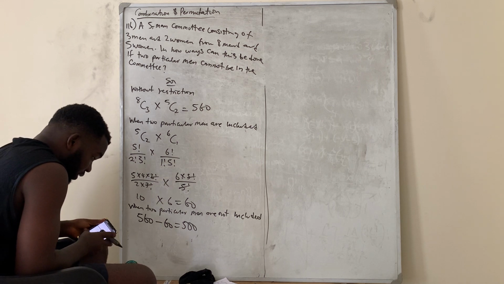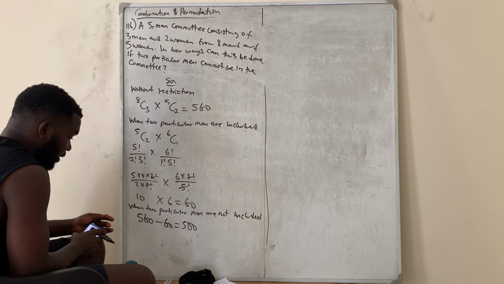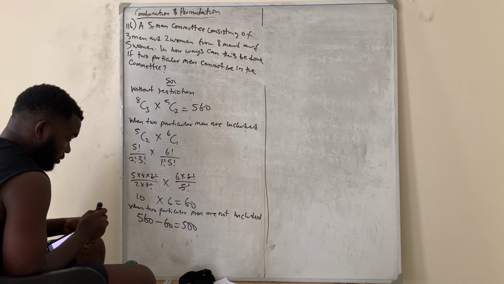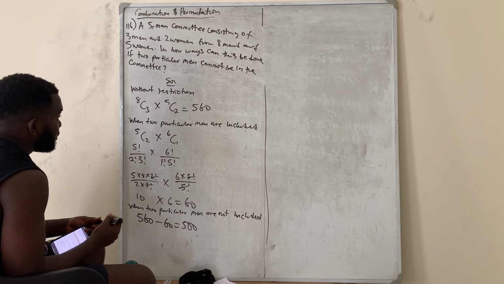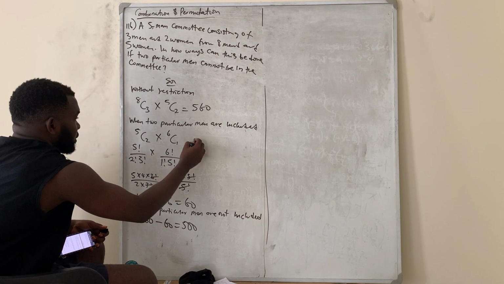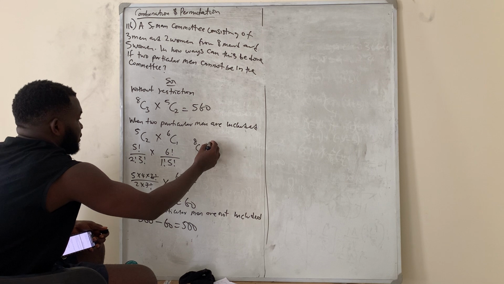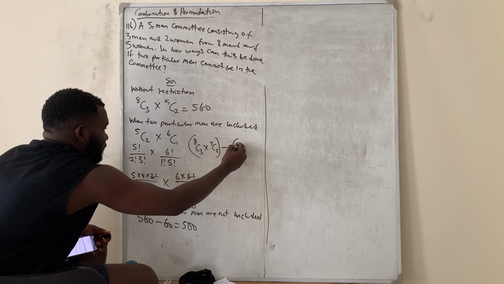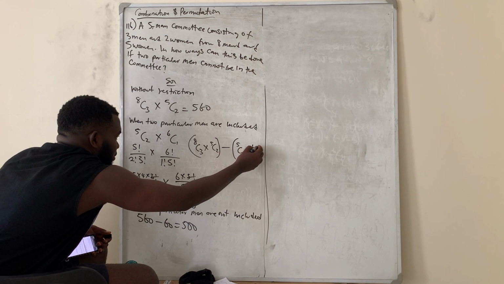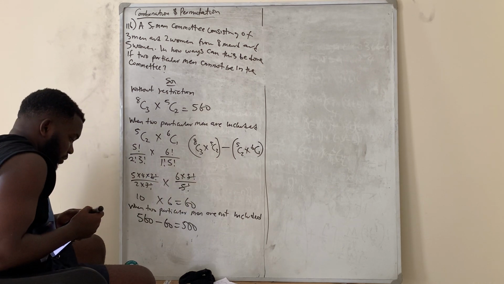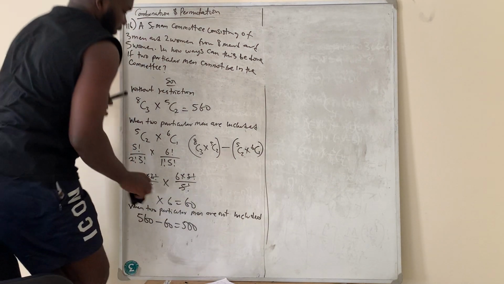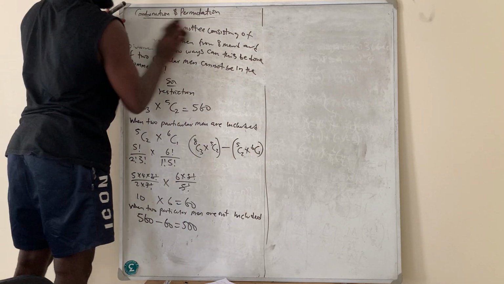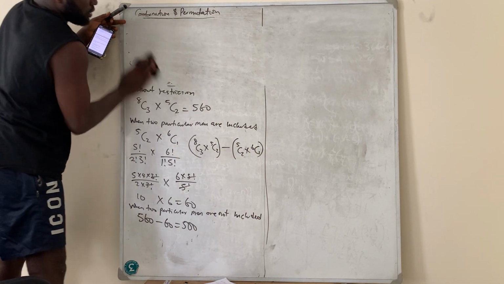I think the option here is very wrong. So this answer is supposed to be, just press your calculator, 8 combination 3 times 5 combination 2, which is without restriction, minus 5 combination 2 times 6 combination 1. That is how it's supposed to be. Okay? So 500 is the answer there. So we go to the next question.